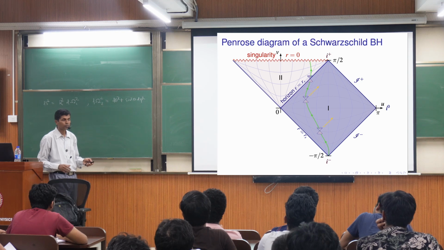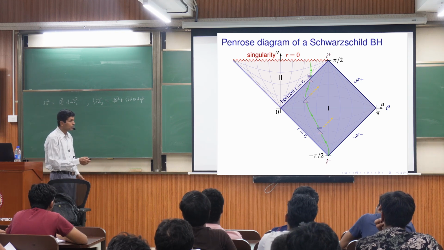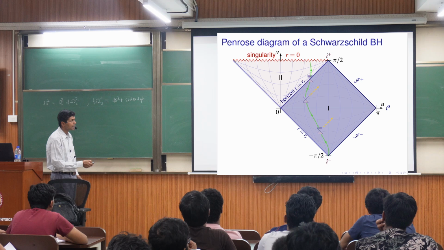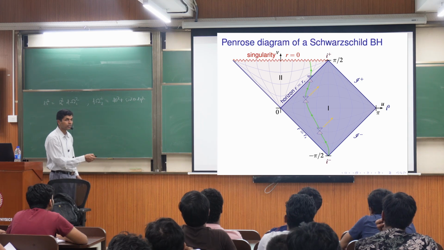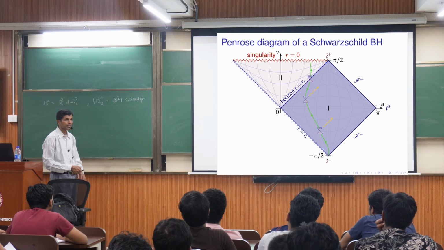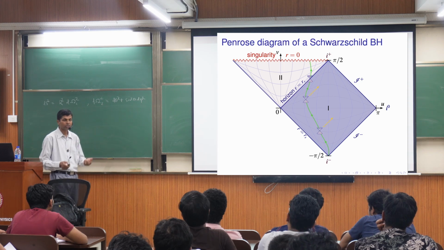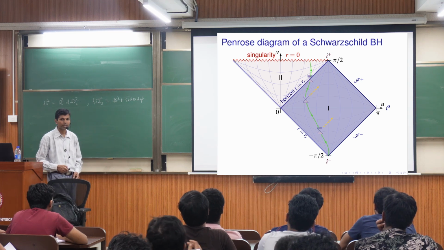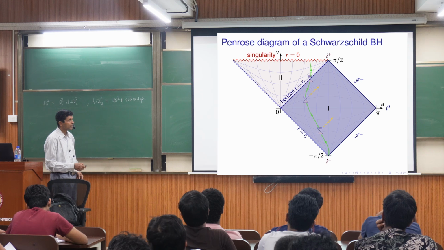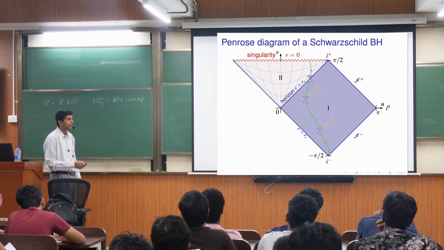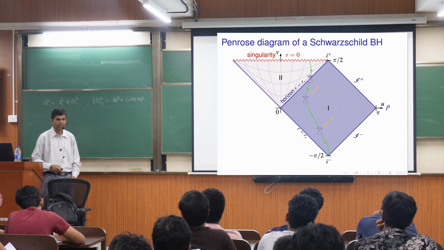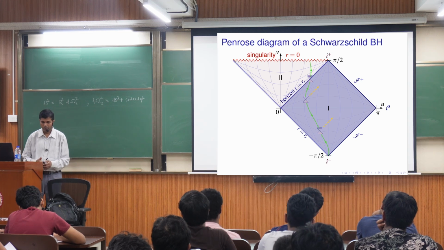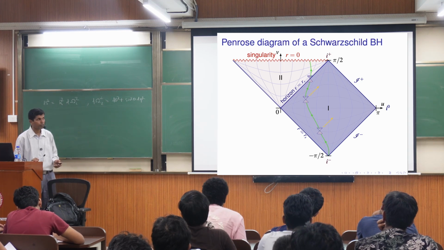Okay, there is one possibility because it's a 45-degree angle, so light can go all the way here. That basically means that it can be stationary at the surface all the time, or it can go and then again go at a 45-degree angle. It will hit the r equal to 0 singularity. There is no way for light or any other object to come out of this region. That's the reason this space-time is called a black hole.